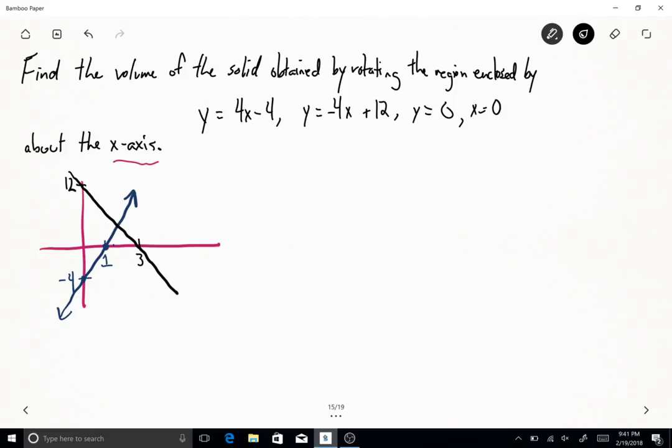So there's 2 ways to kind of go about doing this one. We're going about the x-axis, and so notice the region we're enclosing starts right here, and it builds on up. So we have things going like this, and this one's going to be a little bit trickier than usual, and we're rotating this thing this way.